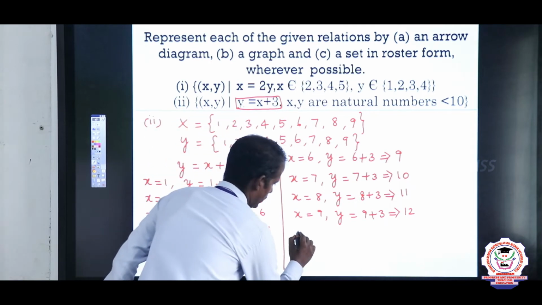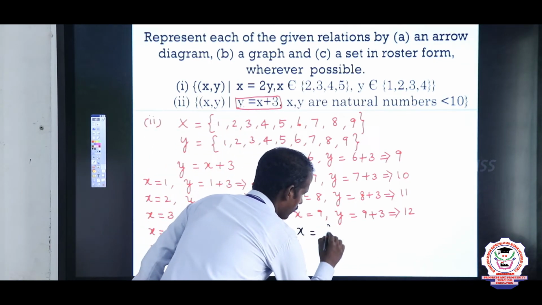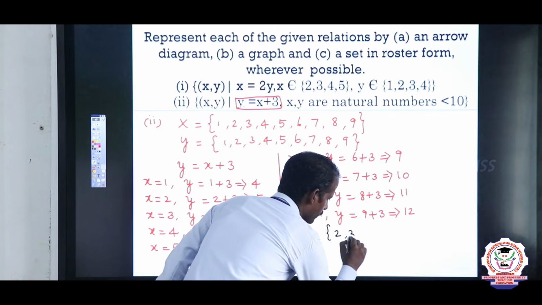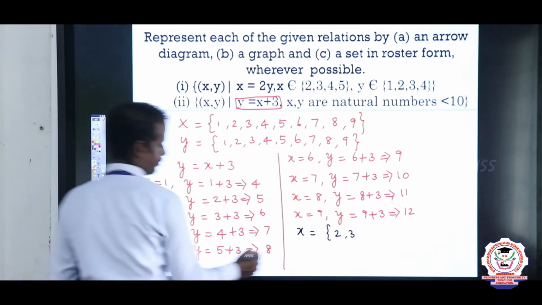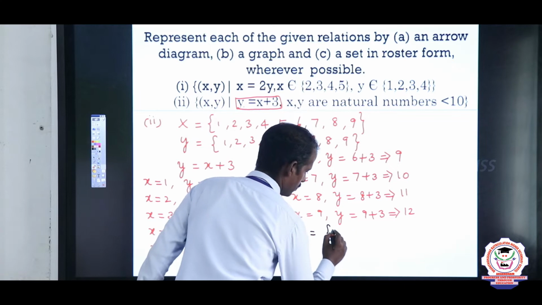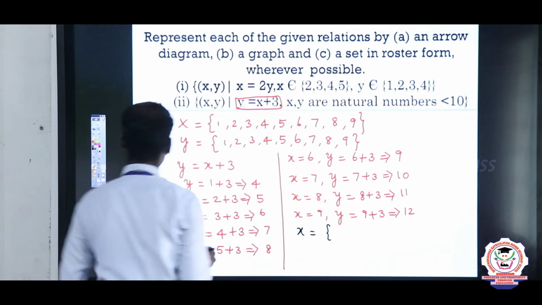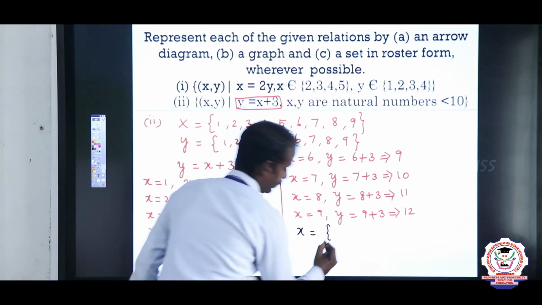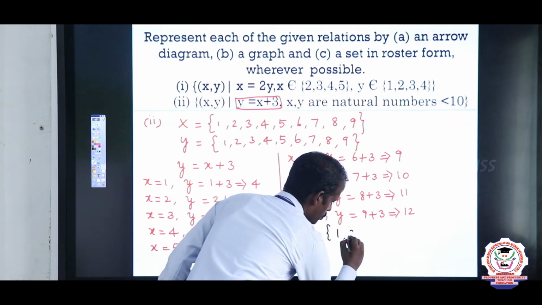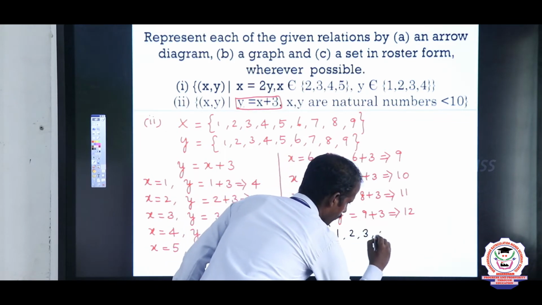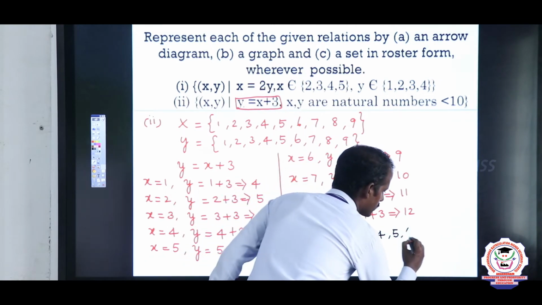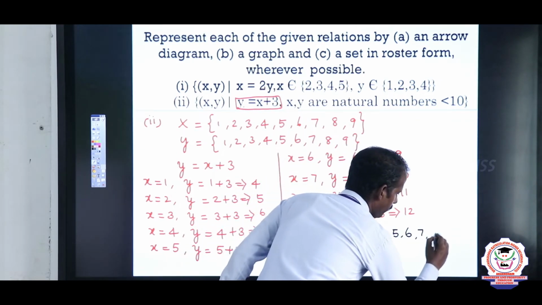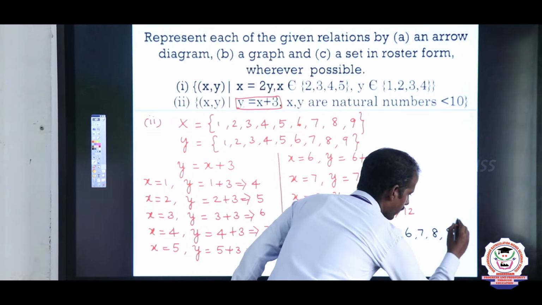Here the x values are 1, 2, 3, 4, 5, 6, 7, 8, 9.